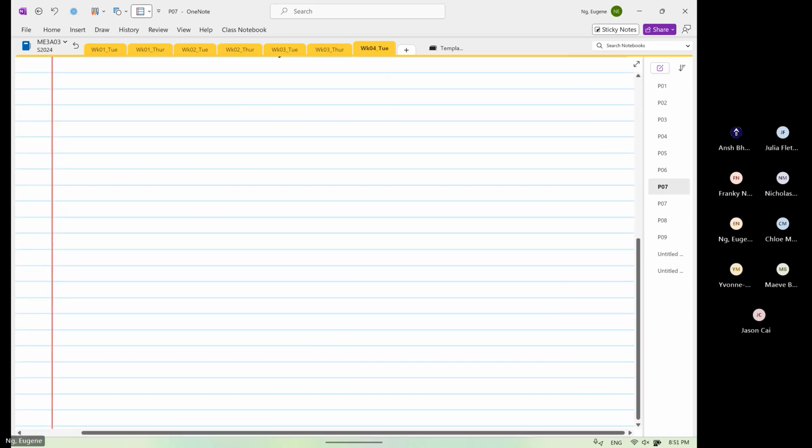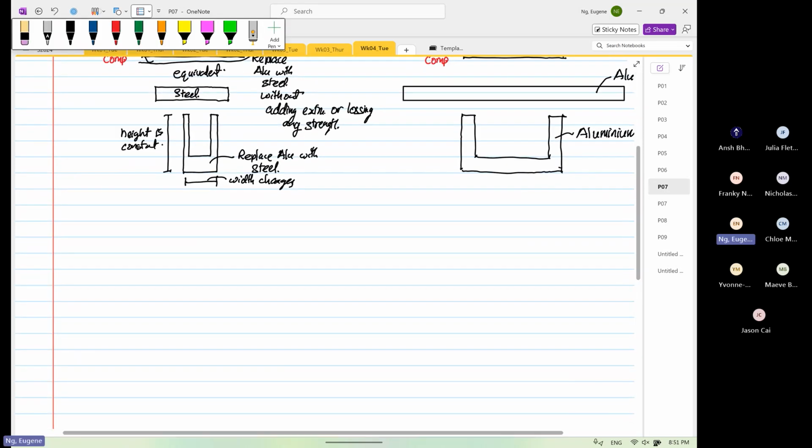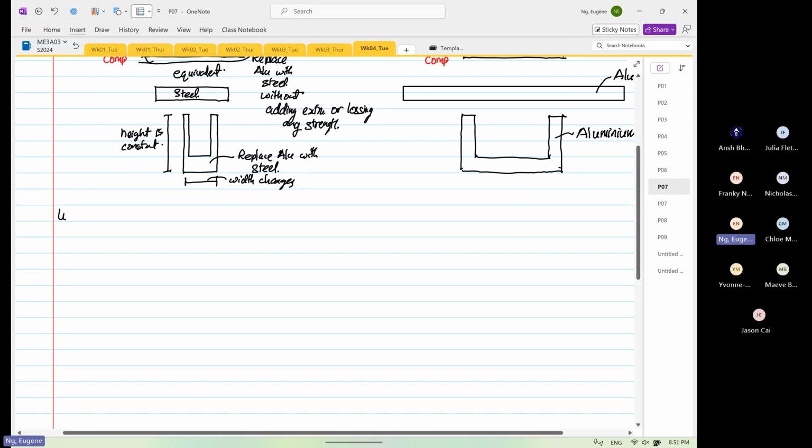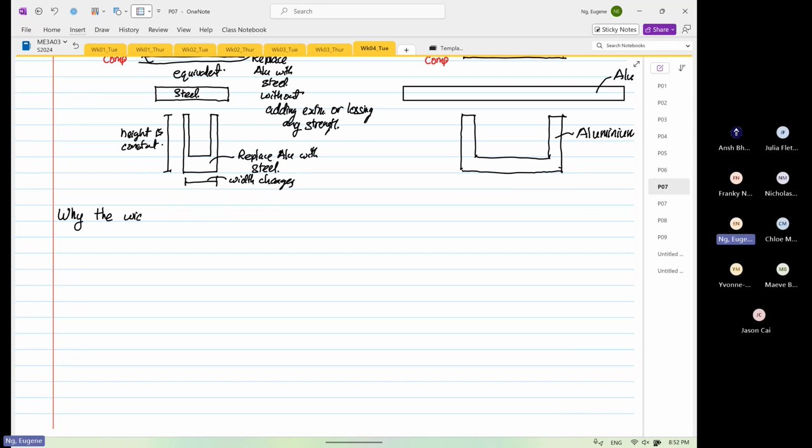And we look at here, why the width changed only, where the height is held constant. Okay. So why does the width change, where the depth is held constant?